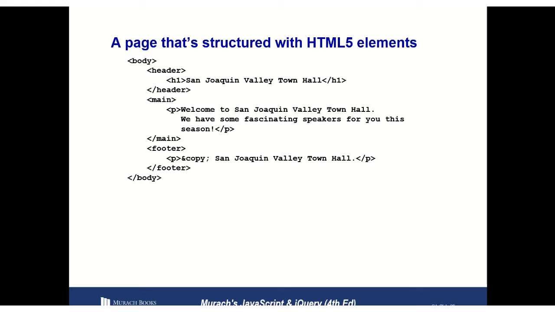Now, how you can use the HTML semantic elements. In all of the applications in this course, we will be using HTML5 semantic elements whenever they are appropriate. If you are not using them or at least familiar with them, you can see in this slide what you need to know.